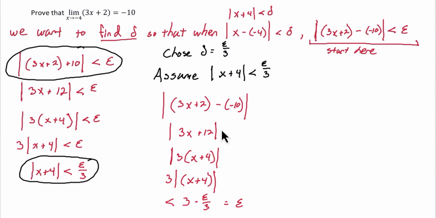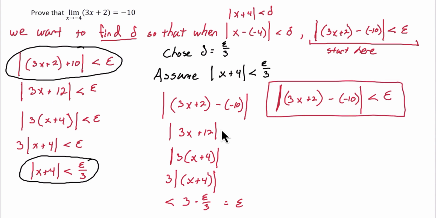And then we concluded that the absolute value of 3x plus 2 minus negative 10 is less than epsilon. That's what we wanted to prove. And that's essentially the end of the proof. So we can say QED, we've finished. We've proven what we wanted to prove.